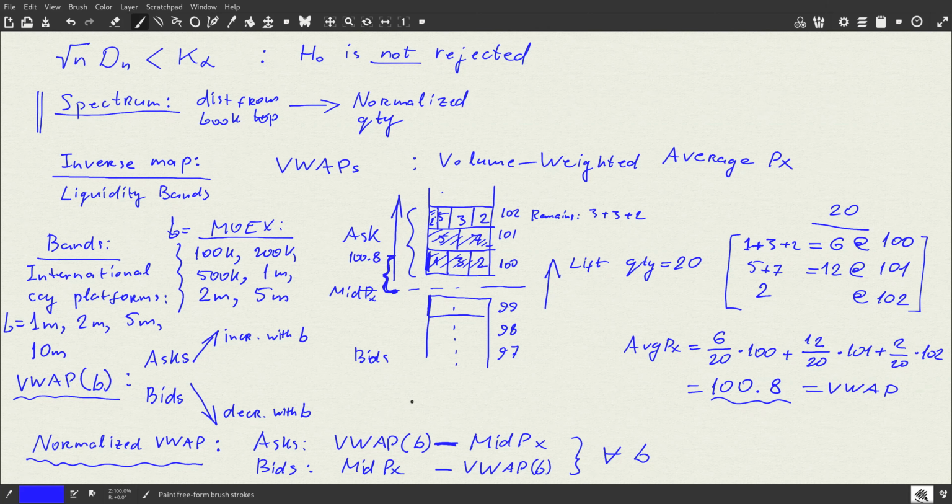Also, there is another difference. The spectrum as we constructed it was using a relative quantity. So you remember we considered the total quantity situated in, for example, 50 layers, and then the spectrum was a relative one compared to this. Whereas here in bands, we are using absolute quantities, which is a kind of disparity.